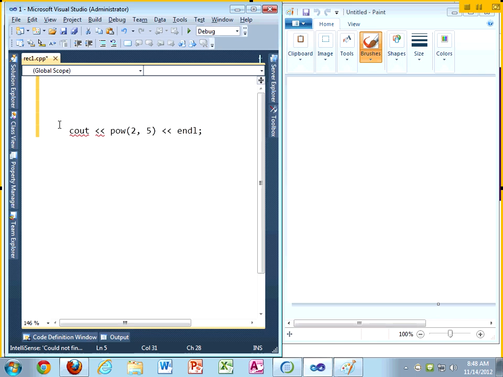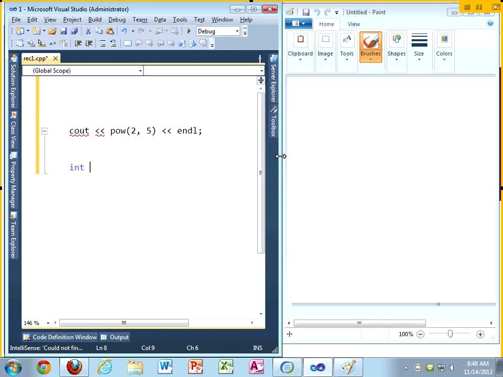Okay, so we're going to write this function, and we're going to try to do it recursively. So here's our header, and just to keep things simple, I'm going to use integers instead of doubles.